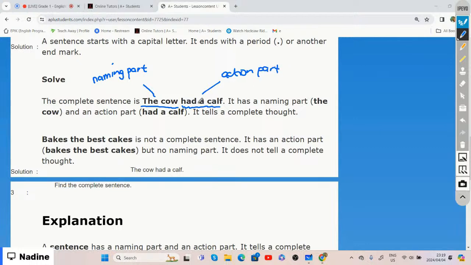And if a sentence has a naming part and an action part, then we can say it tells a complete thought, right? A sentence needs to have both a subject as well as a verb. It has to have both a naming part as well as an action part.